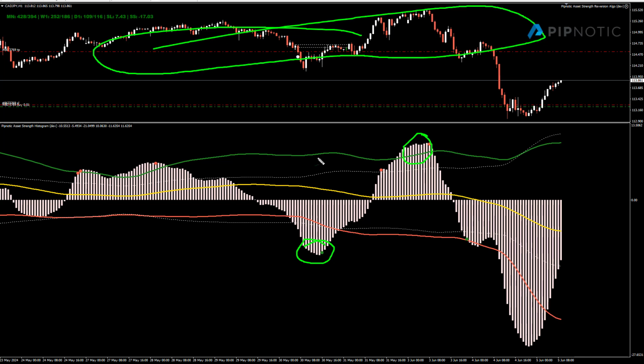So when the histogram goes above the green line, it means we are entering the sell zone. When the histogram goes below the red line, it means that we are entering the buy zone.